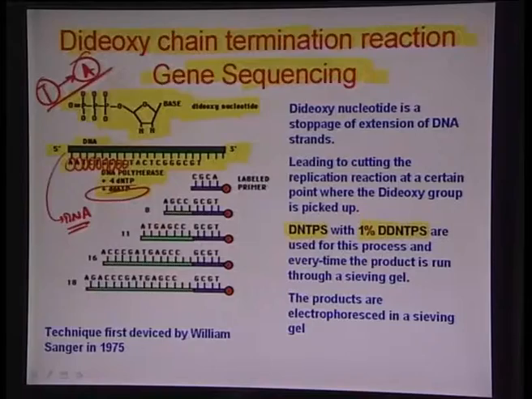So, the end result of this reaction is a set of fragments of chains which are terminated each at the adenine. Okay. So, it kind of gives us the location of the adenine on the particular parent strand of the DNA molecule.